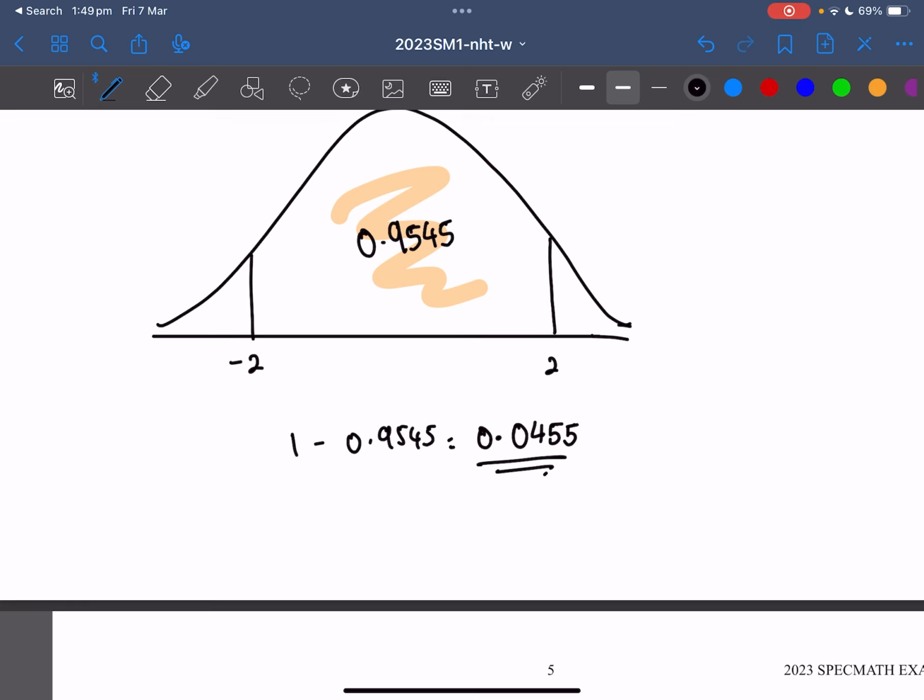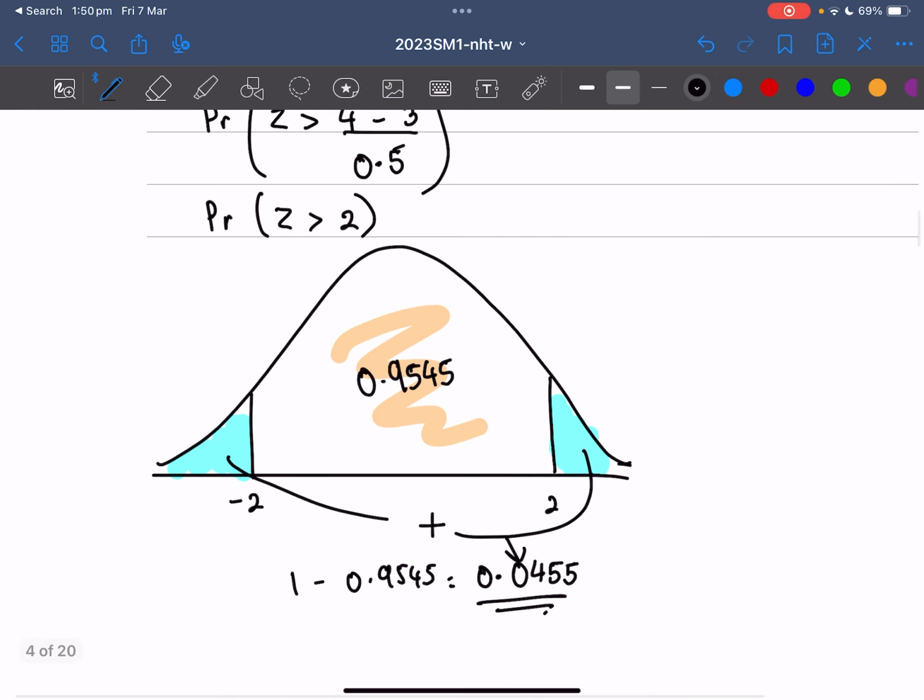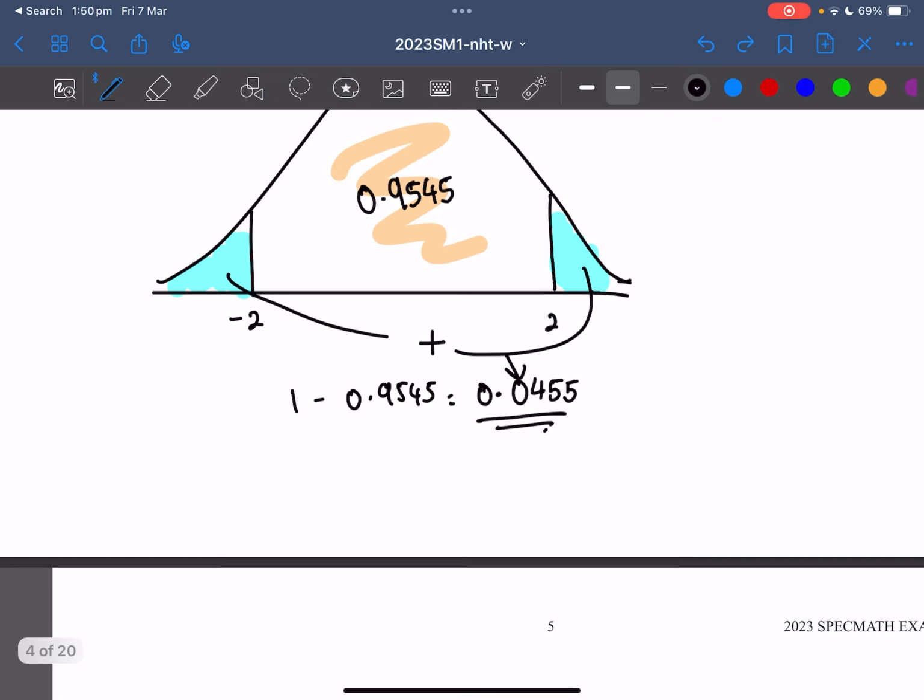So what that means is the area, so this area over here and this area over here, if we add them up together, we will result in this area over here. But since we are only looking for this side over here because we are only finding the probability that Z is greater than 2, we divide this by 2, right?